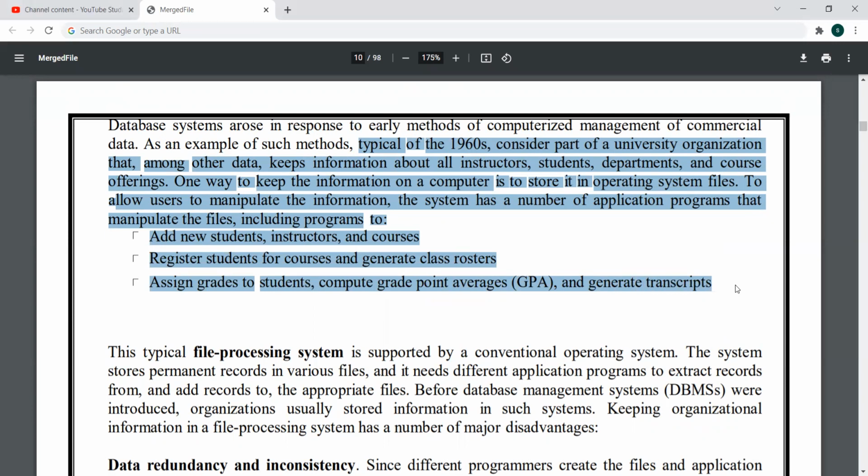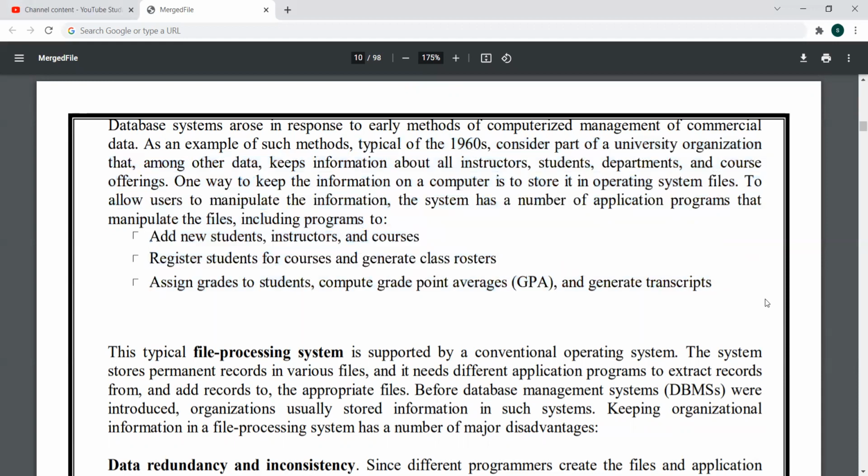To allow users to manipulate the information, the system has a number of application programs that manipulate the files, including programs to add new students, instructors, and courses, register students for courses, generate class rosters, assign grades to students, and compute grade point average (GPA). All these are problems in the file system.